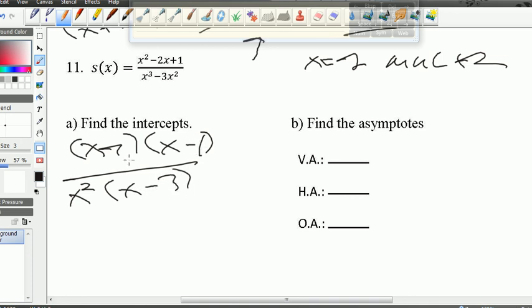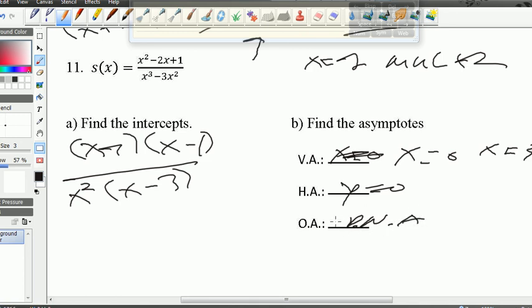Nothing cancels, so my vertical asymptotes are x equals 0 and x equals 3. Horizontal asymptote: degree on top is smaller than the bottom, so it must be y equals 0. Since it has a horizontal, oblique does not exist. Some of you guys left this blank. I counted right, but you want to put does not exist or 0 slash.